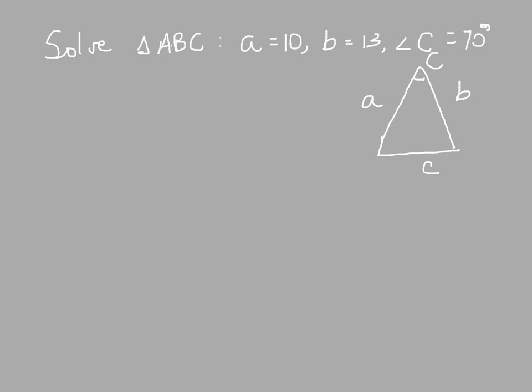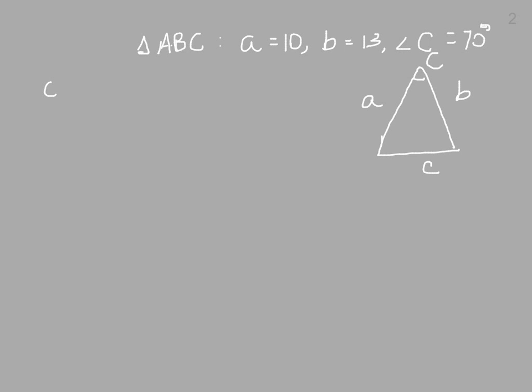And so we need to find side C, we need to find angle A, and we need to find angle B. Let's just start with finding side C and forget the other two for the moment.